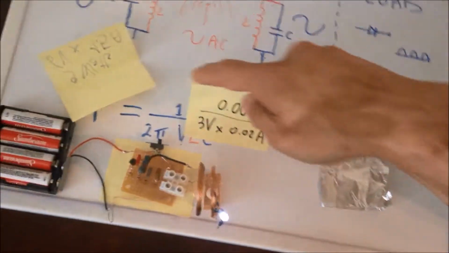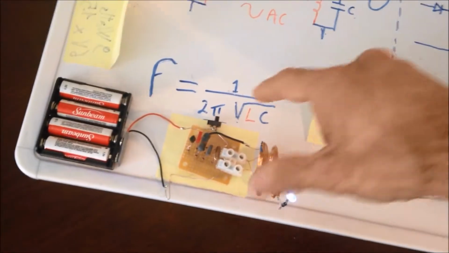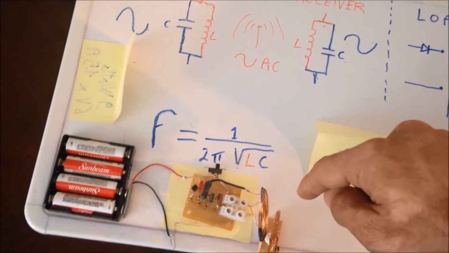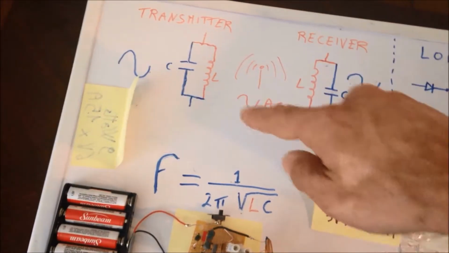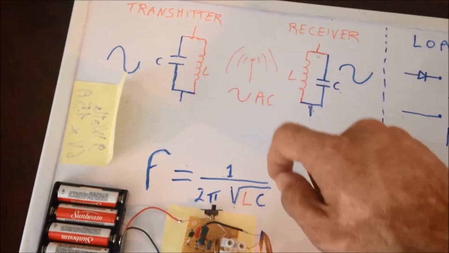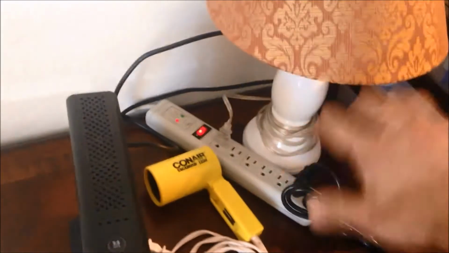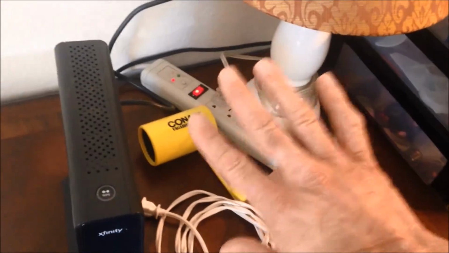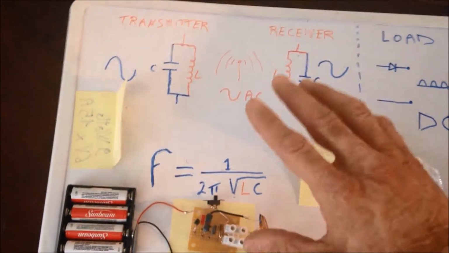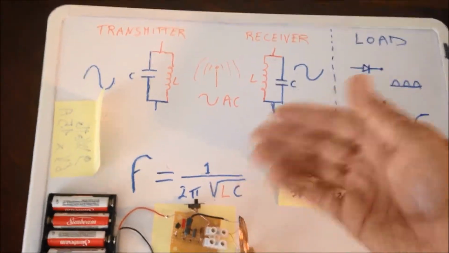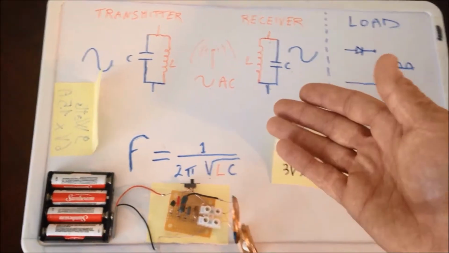Now, if we're going to do a little bit of math, in order to listen to or catch or tune your receiver to 50 to 60 hertz of frequency, that will require an antenna as long as 1,000 miles. Yes, 1,000 miles to listen to your household equipment right here. According to our math here, we need an antenna approximately 1,000 miles long. That's totally insane and totally useless to do.